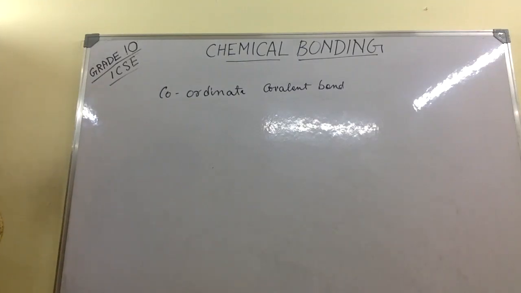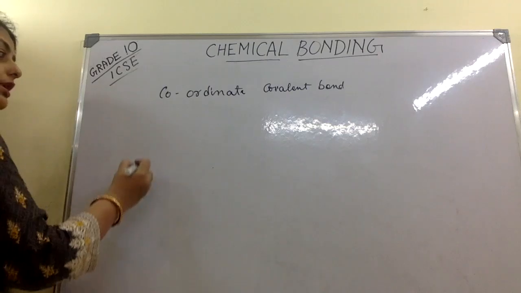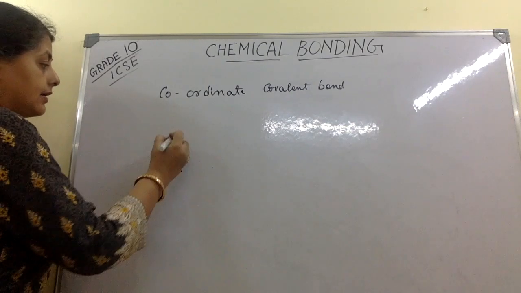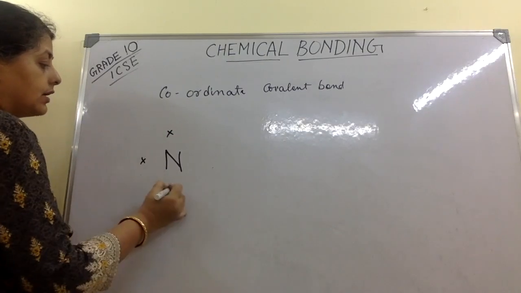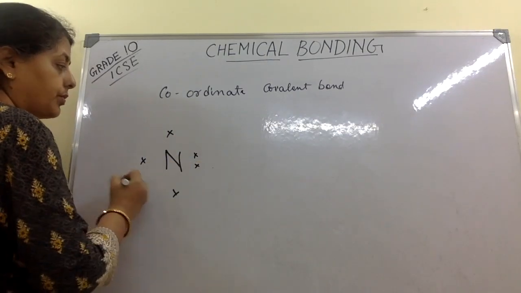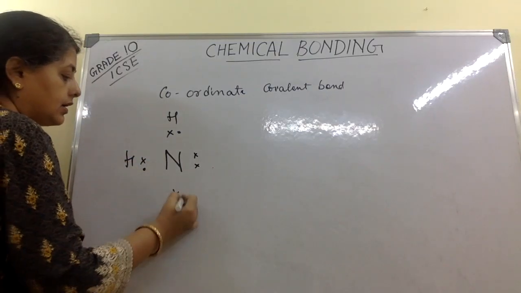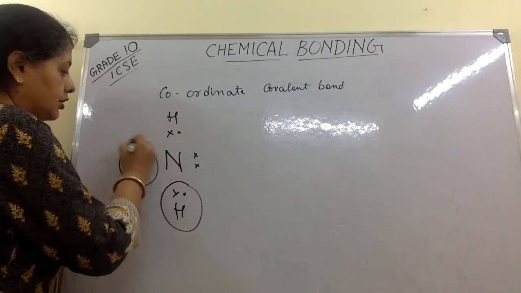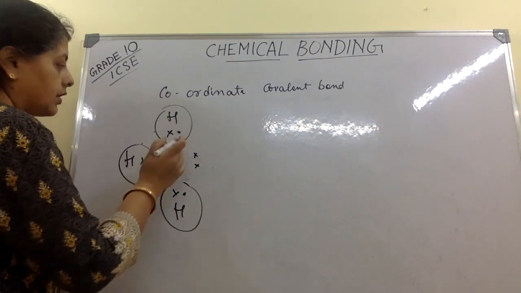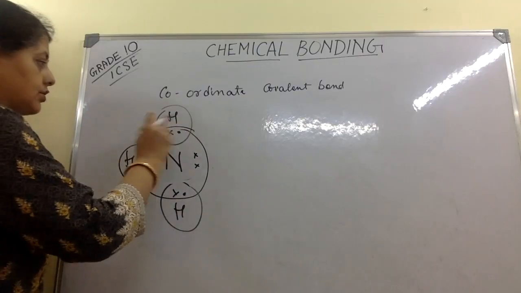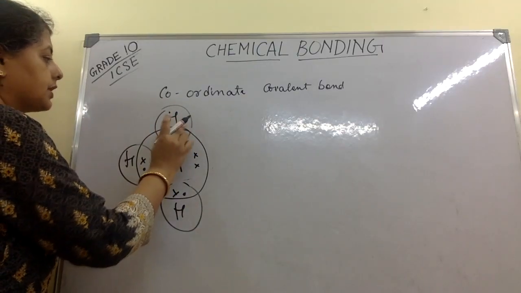So the next one in coordinate covalent bond is ammonia, NH3. Here is the lone pair on nitrogen, and hydrogen, hydrogen and hydrogen each have a duplet.